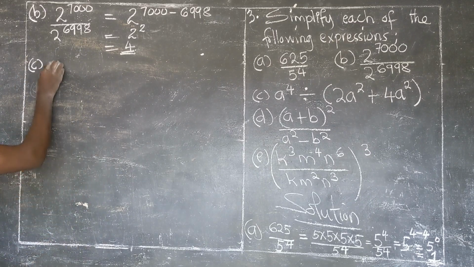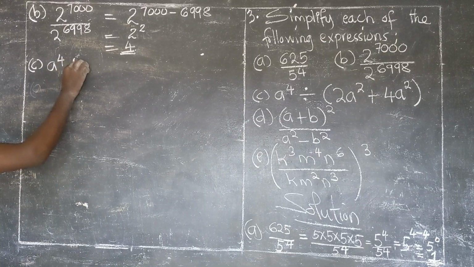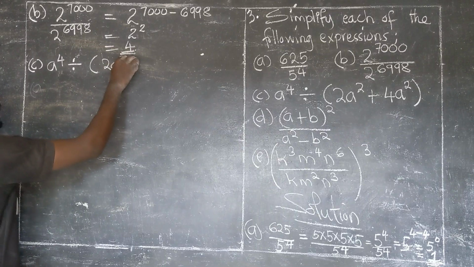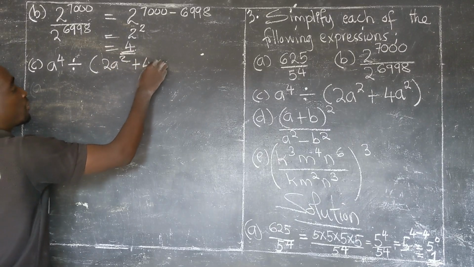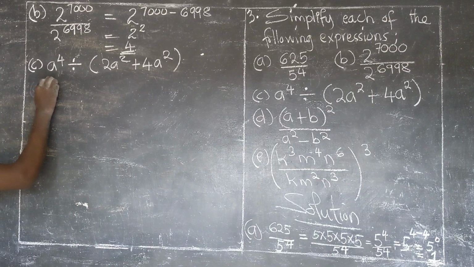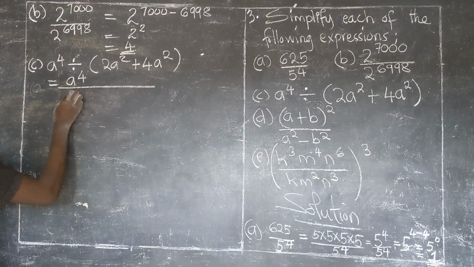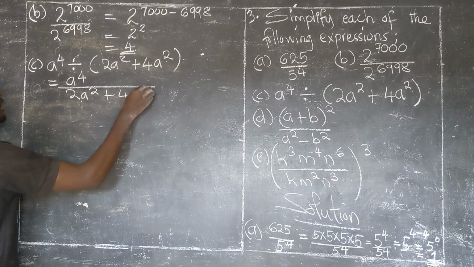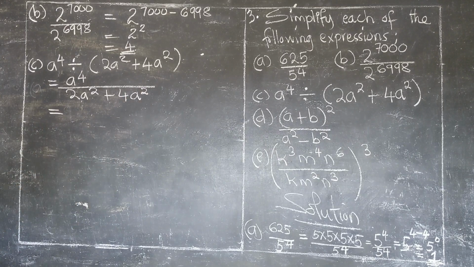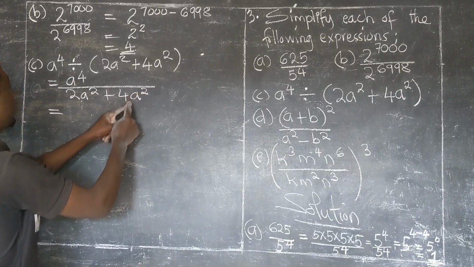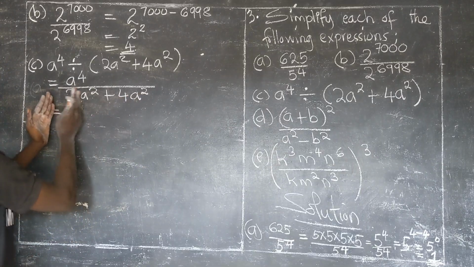Part C is a raised to 4 divided by bracket 2a squared plus 4a squared bracket. This is the same as a raised to 4 divided by 2a squared plus 4a squared. Here you have a squared and here a squared, so we factor out a squared.